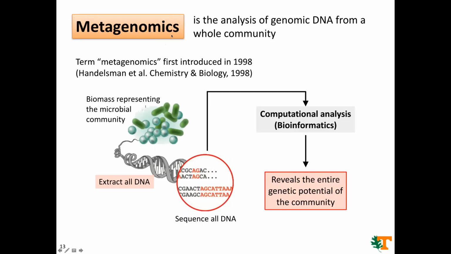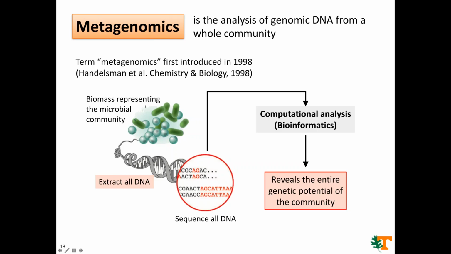In metagenomics, you analyze the genomic DNA of every member of the community. Okay? This term was first introduced by Joe Handelsman in 1998. So you take an environmental sample, you extract the DNA, and you analyze all the genes representing every member of this community.